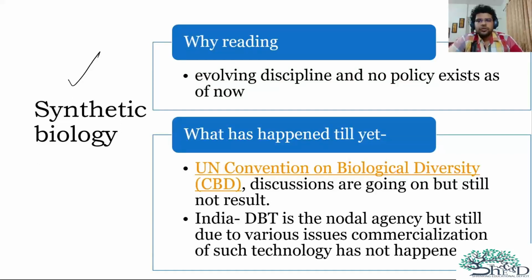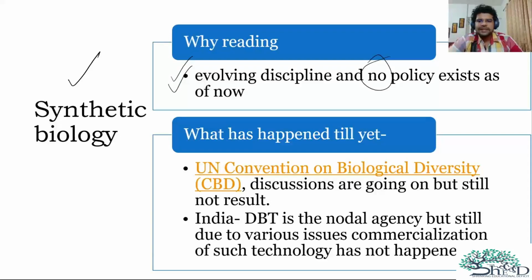UPSC wants to maintain its dynamism, so it does that by asking questions on new technology, new policies, and so on. So why are we reading this? Because it's an evolving discipline and there is no policy as of now for this. So indirectly a question can come that to handle the evolving biotechnology, how should we design a program or how should we design a policy?